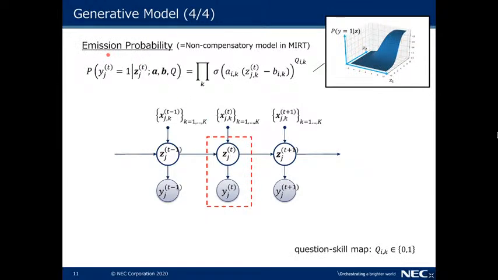And the last part is the emission probability, which is the different part from the linear dynamical system.